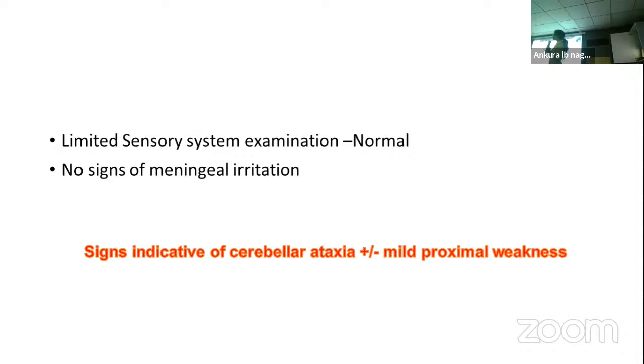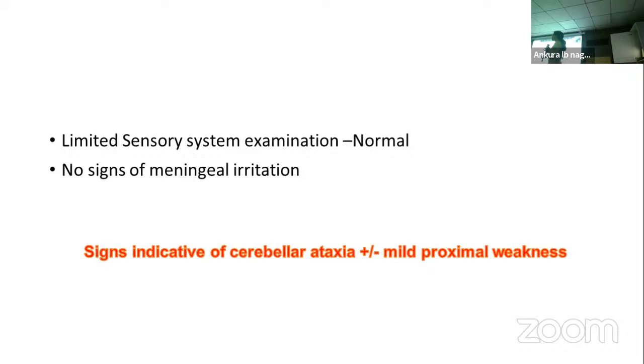What is dysdiadochokinesia? I'm sure you know everything about the cerebellar signs. What are they? Past pointing, nystagmus. What type of speech? These are classical. I'm sure everybody knows it. Scanning or staccato speech, nystagmus.